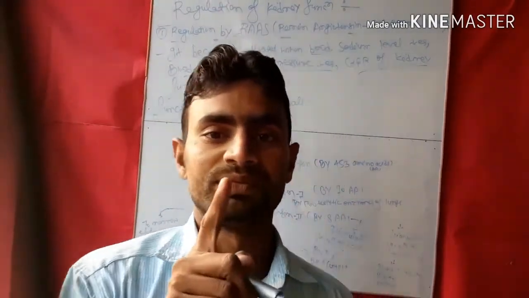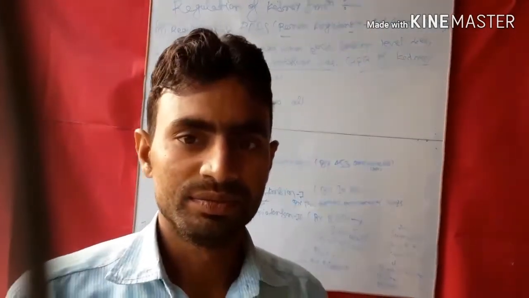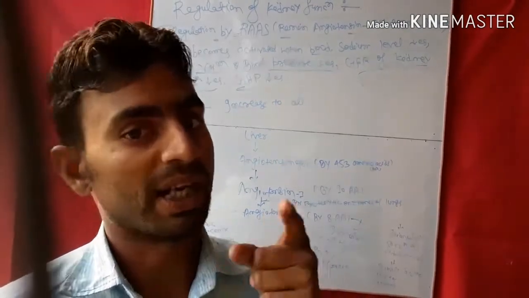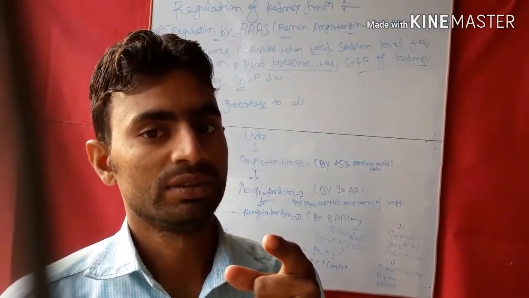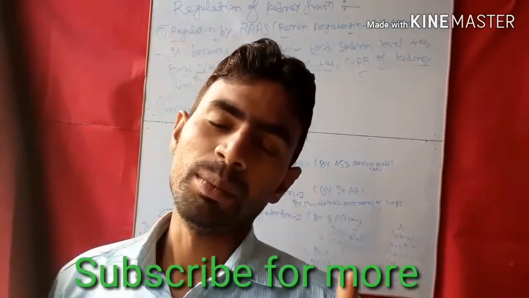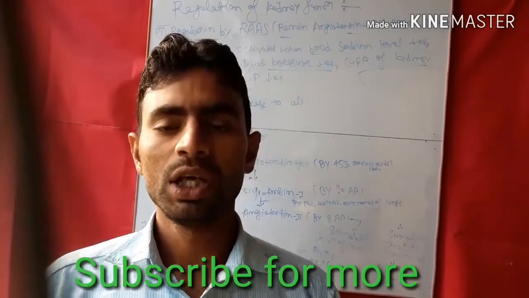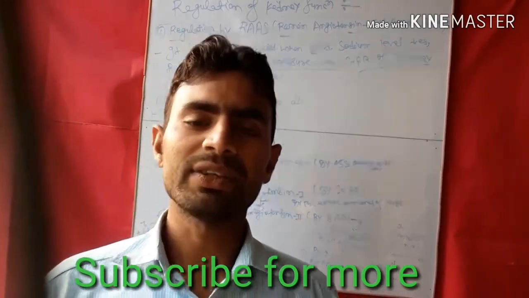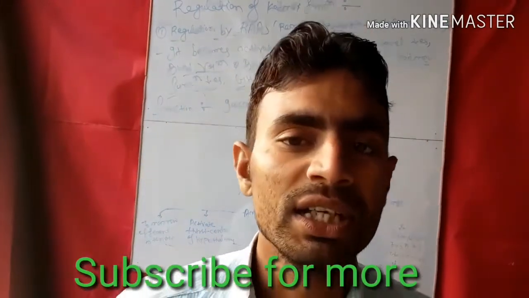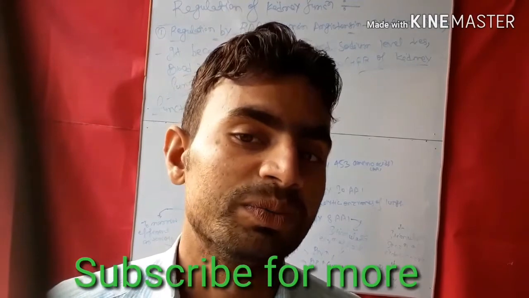This means blood sodium level increases, blood volume and blood pressure increase, glomerular hydrostatic pressure increases, glomerular filtration rate increases. This is the work of RAS. But how?